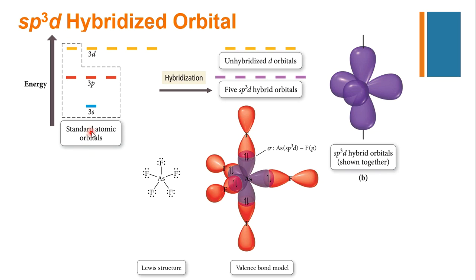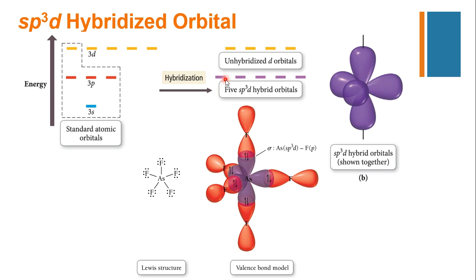So here we see sp3d hybridization. I'm putting in the s orbital, 3 of the p orbitals, and 1 of the d orbitals. So I'm putting in 1, 2, 3, 4, 5 things, so I'm going to get 5 hybrid orbitals out.